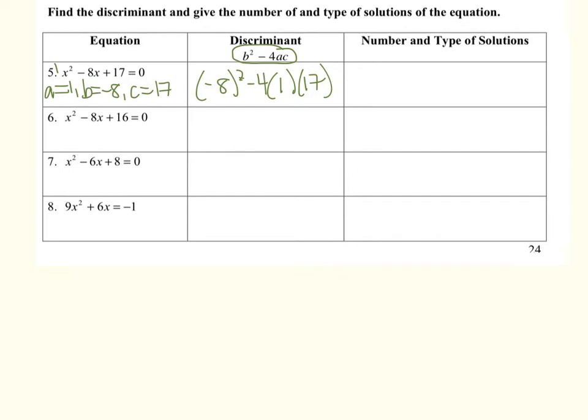So that's 64 minus 4 times 17 is 68. So we get negative 4 for the value of our discriminant. Because it's less than 0, because it's a negative, that means I'm going to have two imaginary solutions.